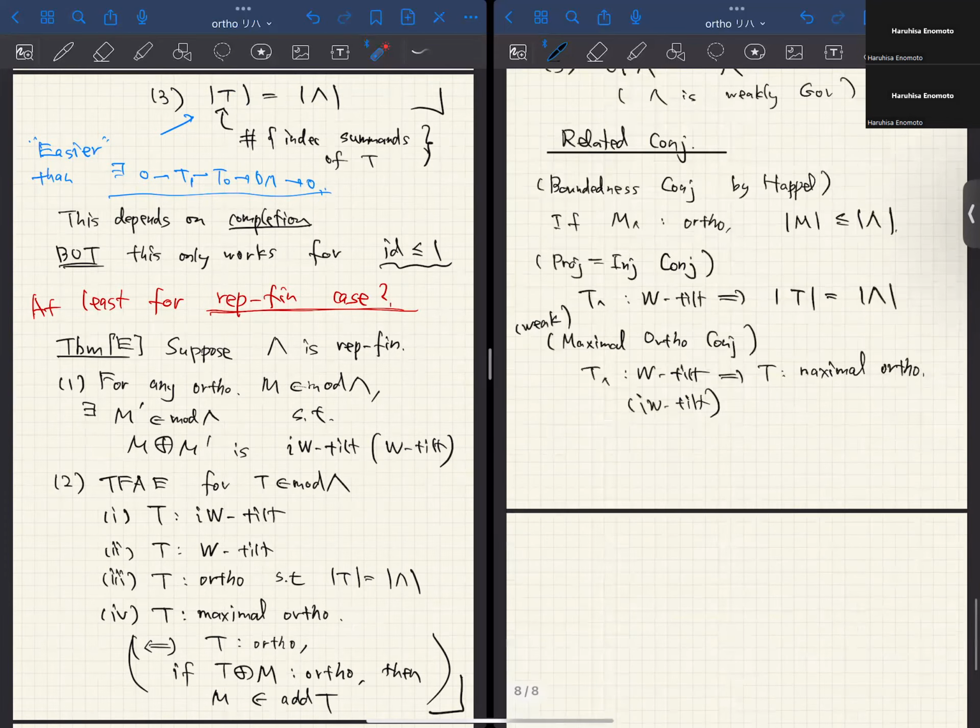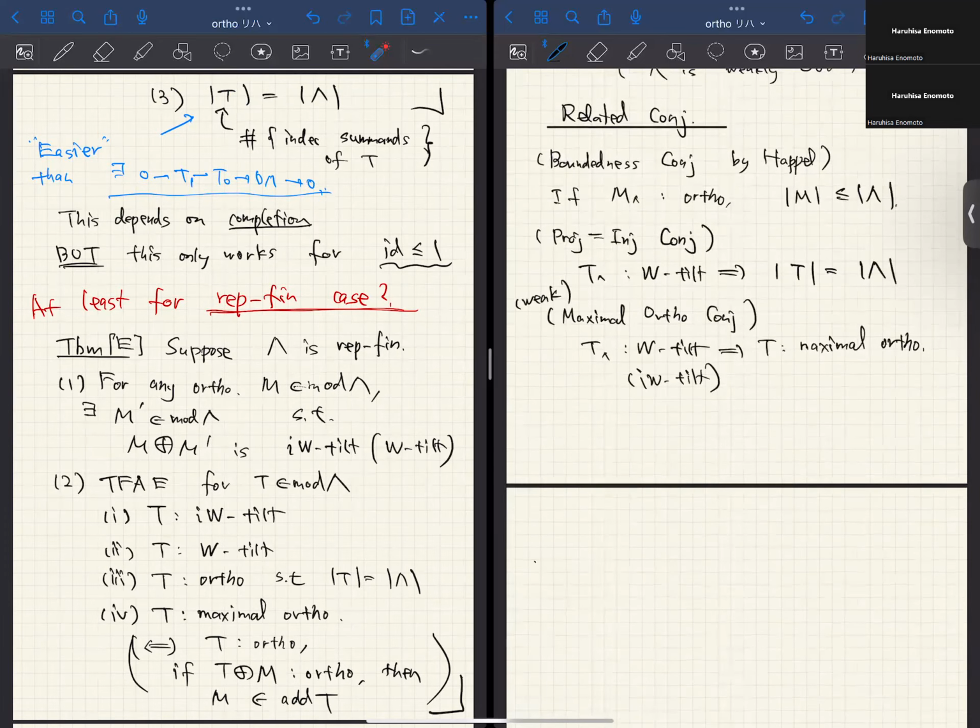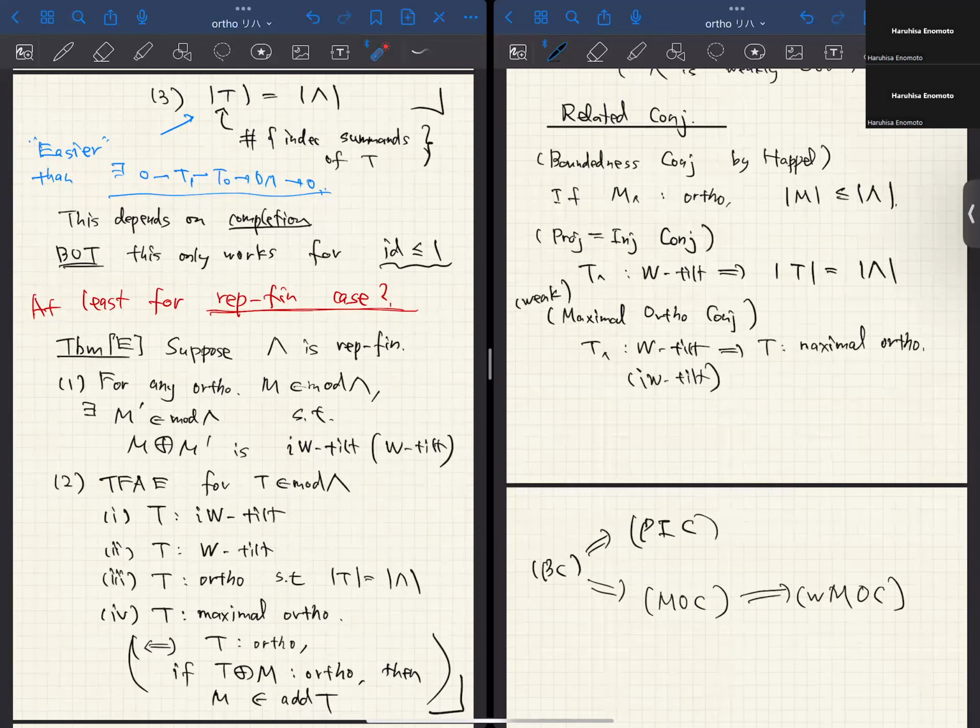The relation between these conjectures looks as follows. The boundedness conjecture implies the other two conjectures, the Proj-Inj conjecture and the maximal orthogonal conjecture, and this trivially implies the weak version about injectively Wakamatsu or projectively Wakamatsu. And this implies this, and this is equivalent to the Auslander-Reiten conjecture.